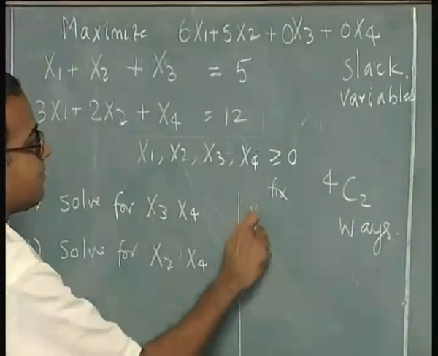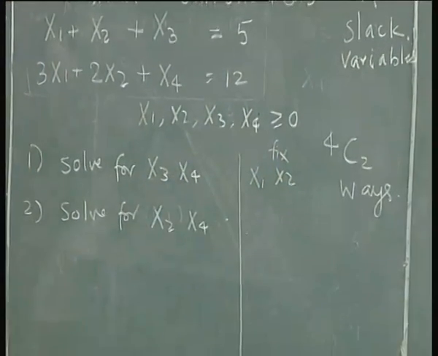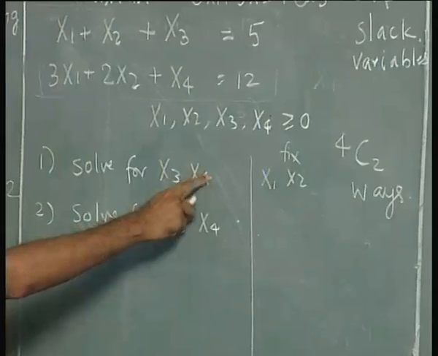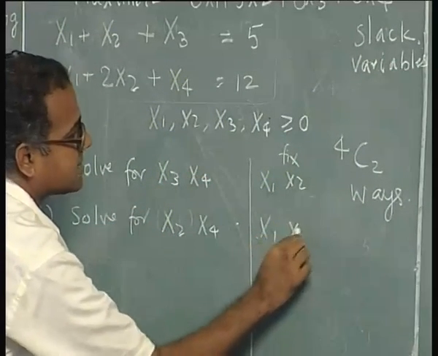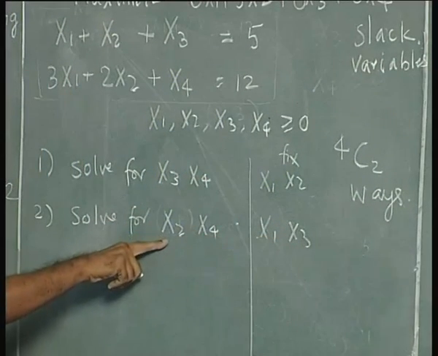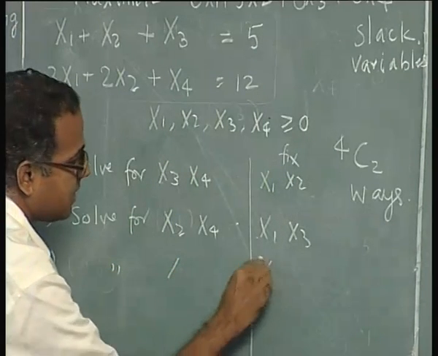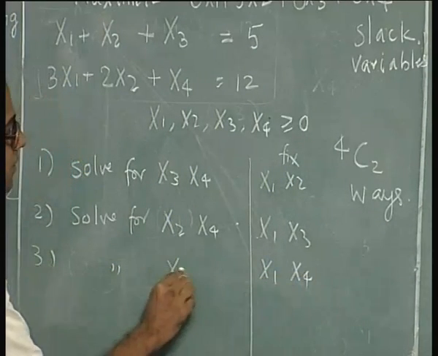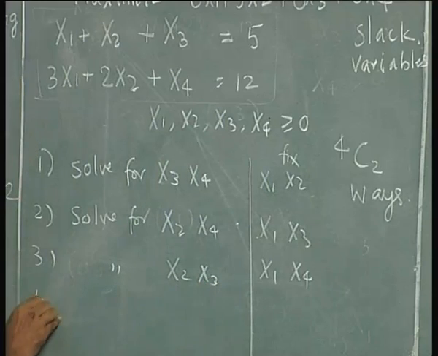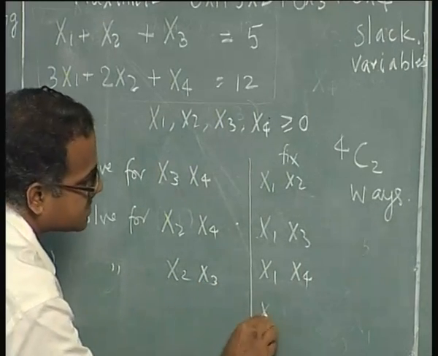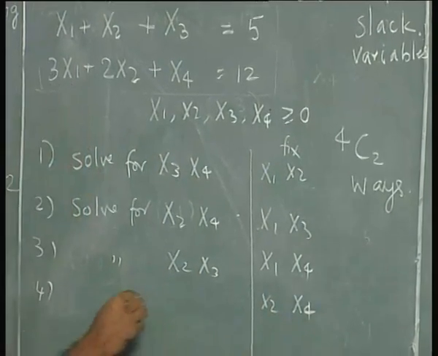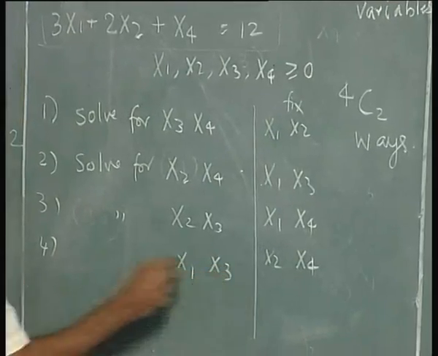So, here I would say fix x1 and x2 to some value, so that you can solve for x3 and x4. Here you fix x1 and x3 to some values, solve for x2 and x4. Similarly, fix x1 and x4 to solve for x2 and x3. The fourth problem would be fix x2 and x4 to solve for x1 and x3.